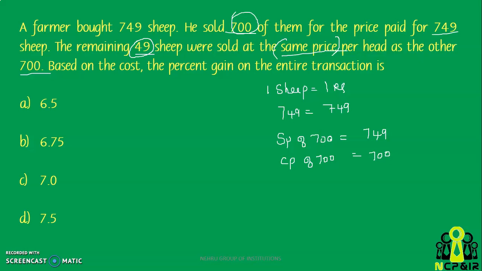So here I am going to find it for 700 sheep, because some people may worry, what about the remaining 49? For example, I am buying 100 items and I am selling them at a profit percentage, assuming all the products are sold at the same price. Then the profit percentage of one unit is equal to the profit percentage of all the units, whatever the total is.